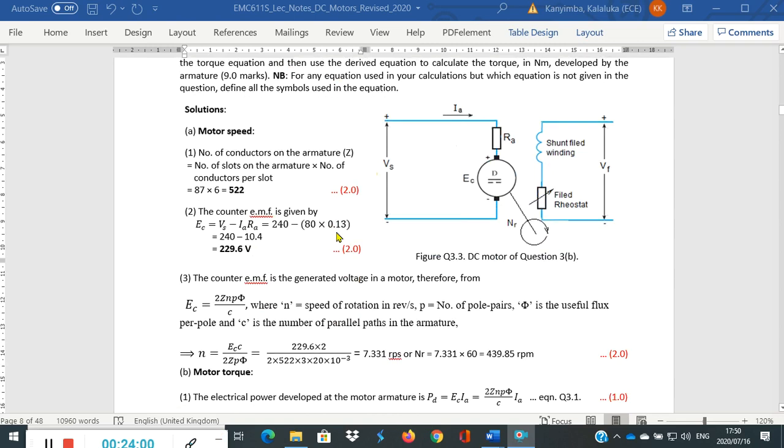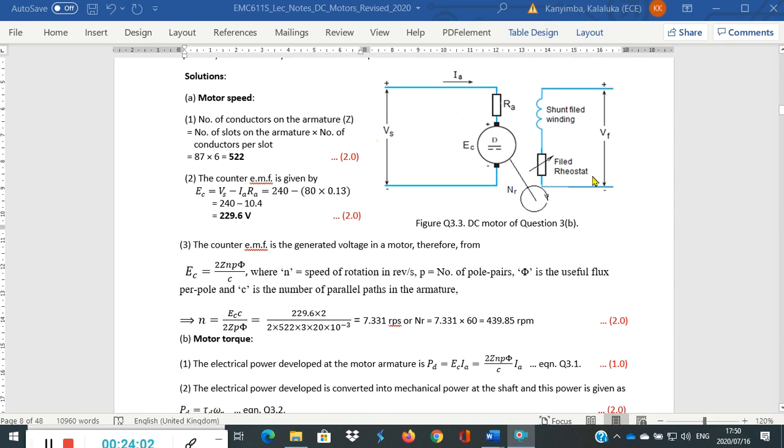The first thing is to draw the equivalent circuit. This is a separately excited DC motor. So we have the armature, and then we have the armature resistance, and this motor is connected to the supply.